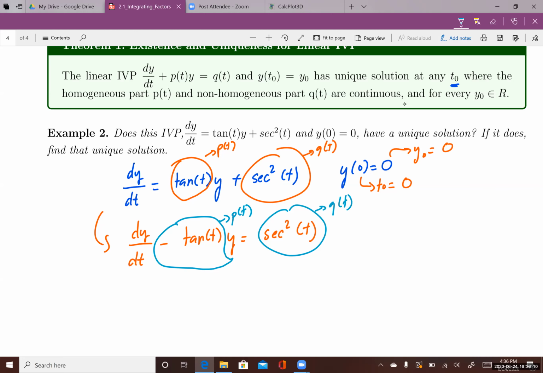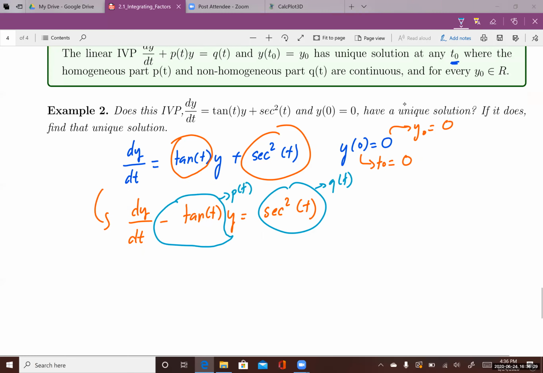So to make sure that we arrive at the correct form, we should move y of t to the other side to determine P of t more accurately. So the function P of t is negative tangent of t, and the tangent of t function is continuous everywhere.